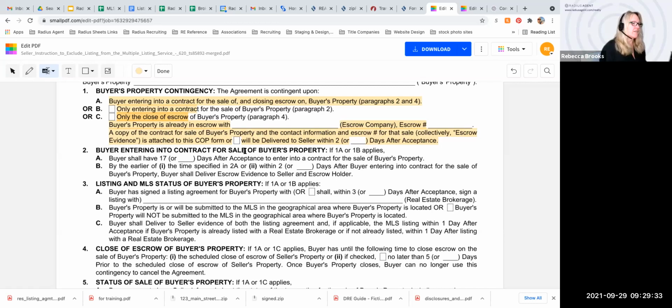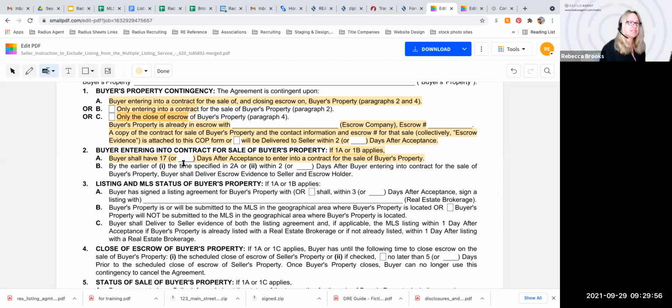Buyer entering into the contract for the sale of the buyer's property, if 1A or 1B applies, buyer shall have 17 days after acceptance to enter into a contract. And so they're basically saying, if it's not yet in contract, we're going to give you 17 days to get that property into contract. Okay, and this is where you can adjust this.